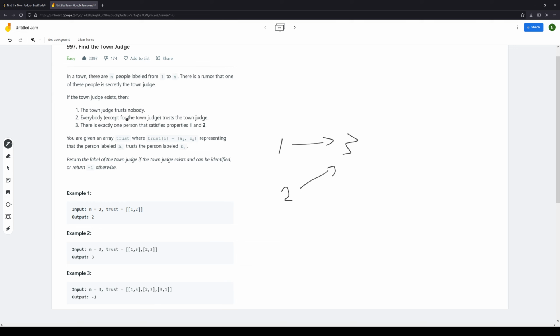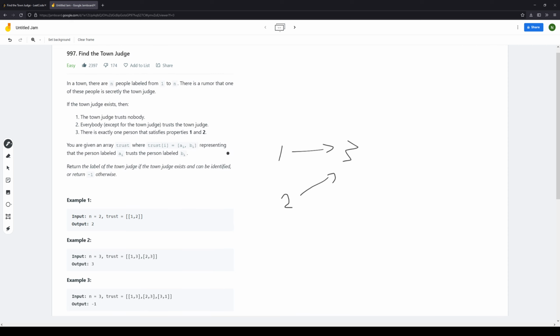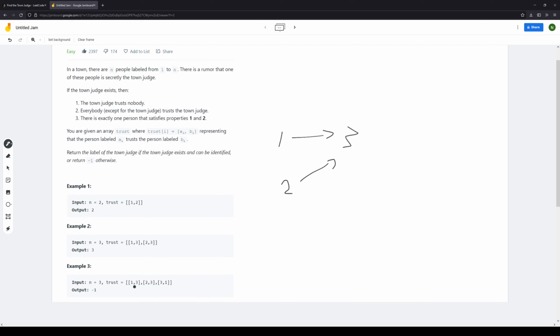And then for the first condition, the judge trusts nobody, so the judge has 0 outgoing edges. So it's pretty simple. We just have to go through the trust input array once, and then go through it again, checking each person. So we'd have an O of n solution, where n is the length of the trust input.